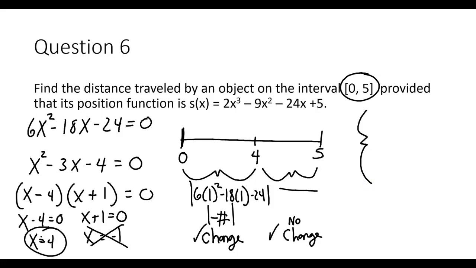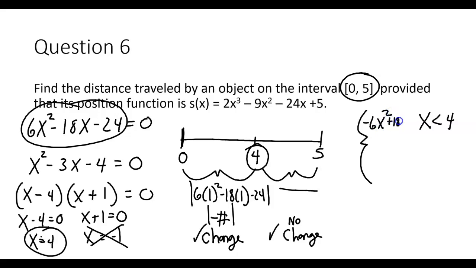So for all x values that are less than 4, we're going to write this equation but with changed signs. And then for all x greater than 4, and I'll also put an equal sign there, we keep the equation exactly the same.